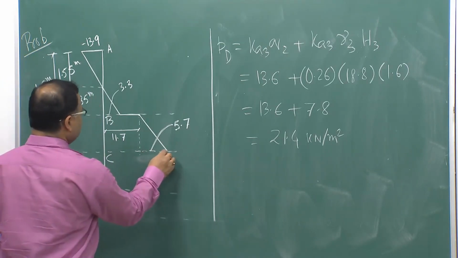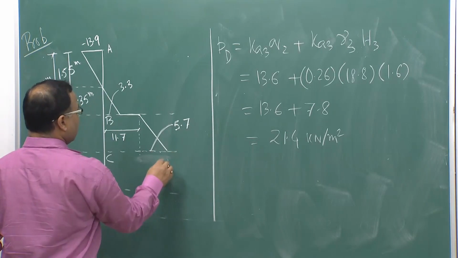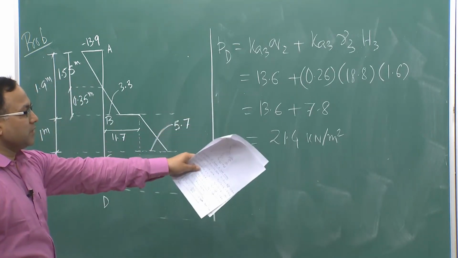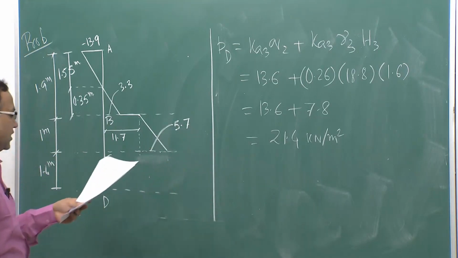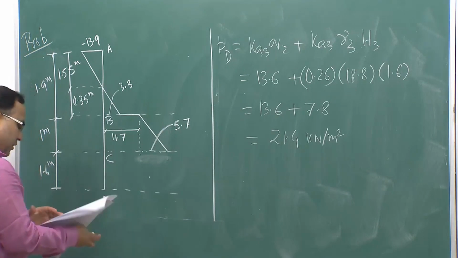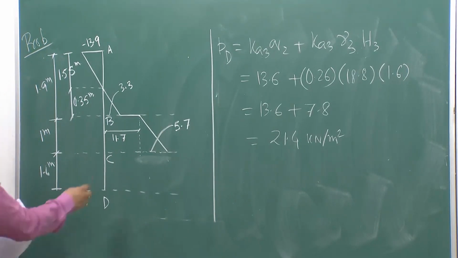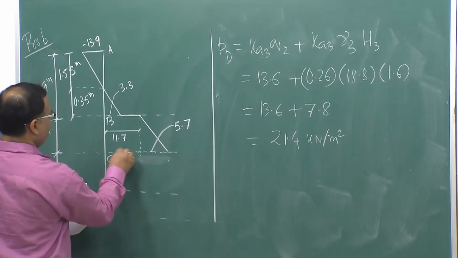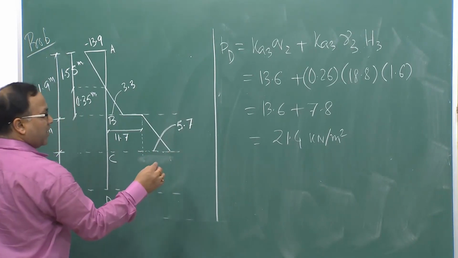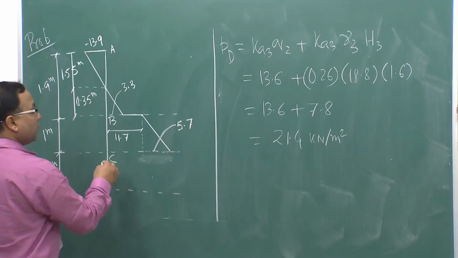So, this is 5.7. Now, if you see PC from stratum 3, you are getting PC equal to 13.6. So, that means 11.7 plus 5.7, that was equal to 17.4. From here to here it was 17.4, but when you are considering stratum 3, at that time you have to come back to 13.6.